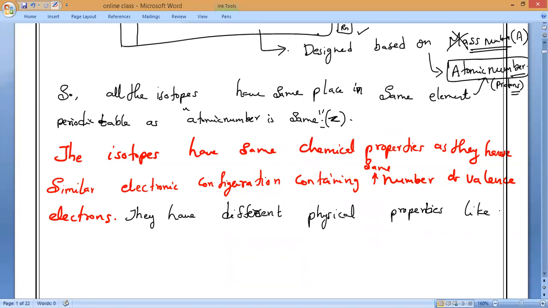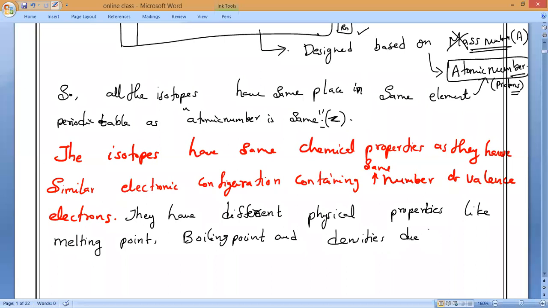Melting point, boiling point, density, temperature, volume. Volume remains almost constant because neutrons are present inside the nucleus, correct? So it's not much affected.